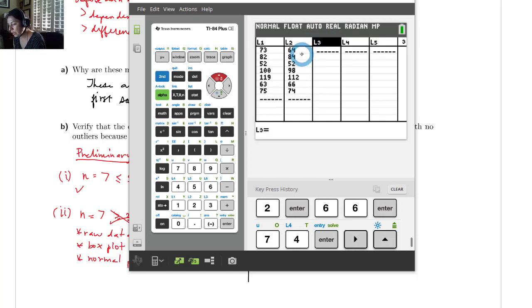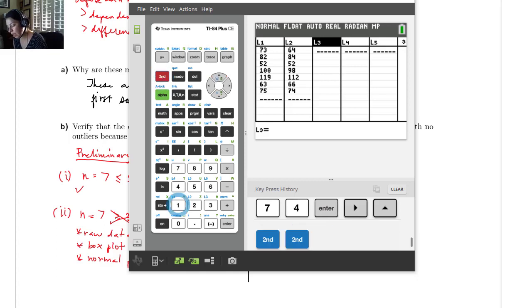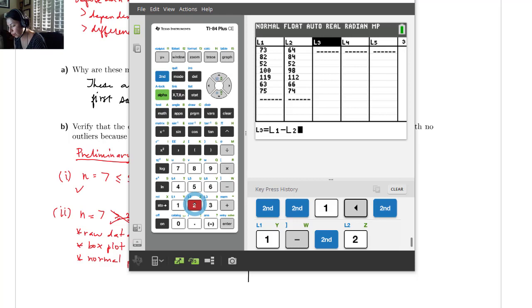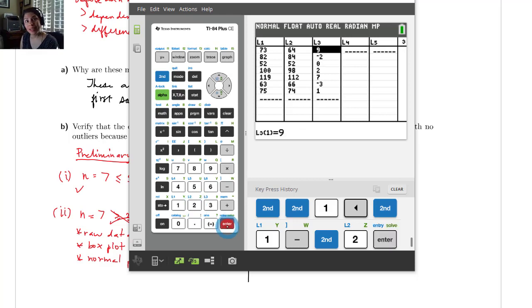And keep it straight: list 1 minus list 2, before minus after. So hit second L1, minus second L2, and hit enter, and they'll all pop up. Isn't that cool? So we're going to use list 3 as the differences.